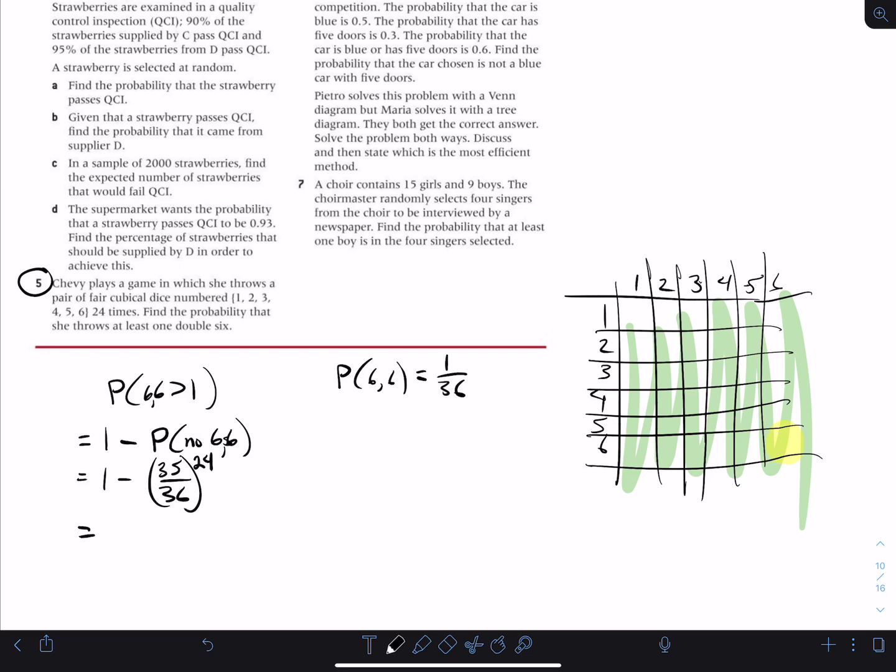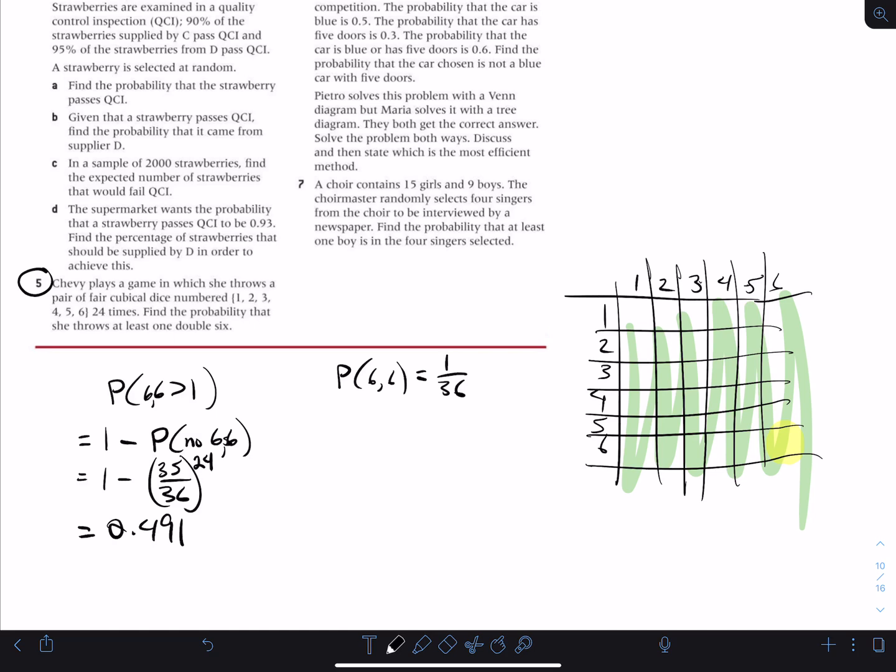So what's the probability of at least one double 6 if you do it 24 times? See, this is good for gambling. It would be 1 minus bracket 35 divided by 36, close bracket, raised to the power of 24, boom, and it is, interestingly enough, 0.491.